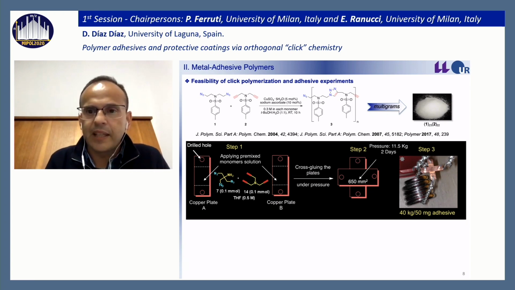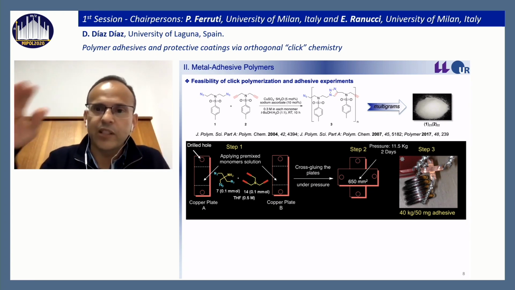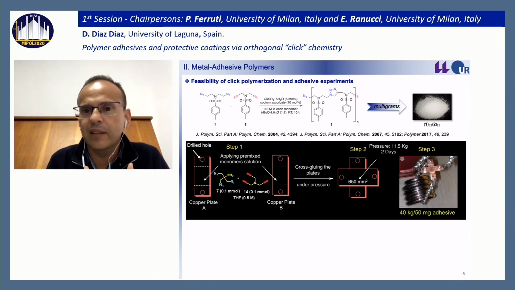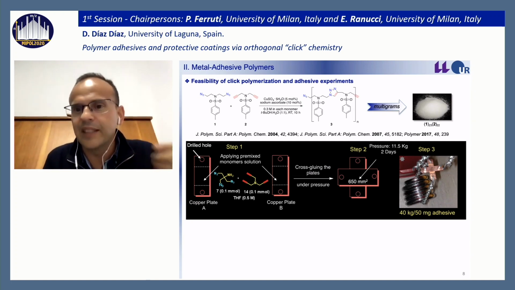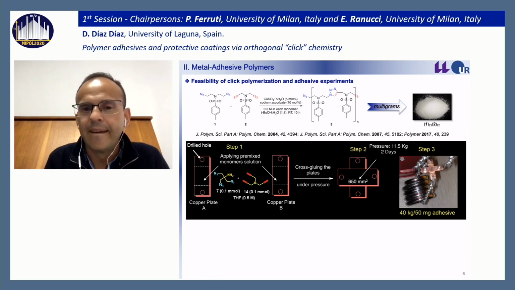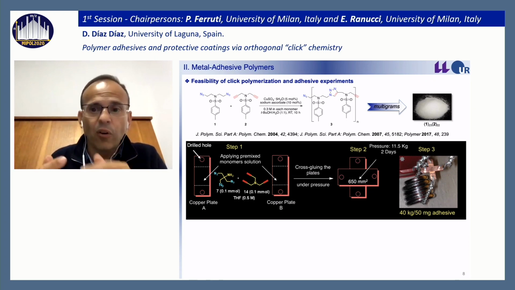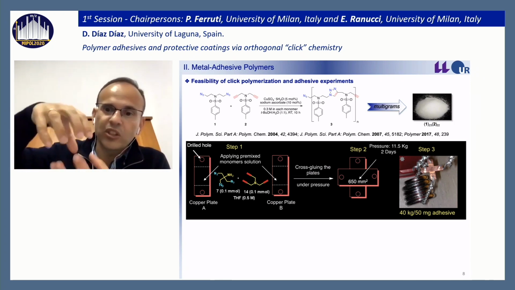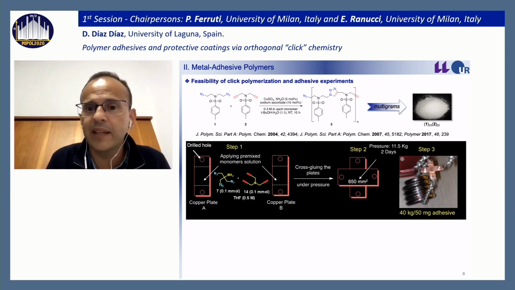What happens is that the copper 1 ion generated on the surface of the copper will catalyze the reaction, make a polytriazole, and the 1,2,3 triazole will stick to the copper. We know that from click chemistry because we know that the triazole has a lot of affinity for copper. Indeed, we always have to remove the copper when we make a click reaction. Taking advantage of that affinity, once the polymer is growing between the plates, it sticks to the surface, right? And this is how we make the adhesive.